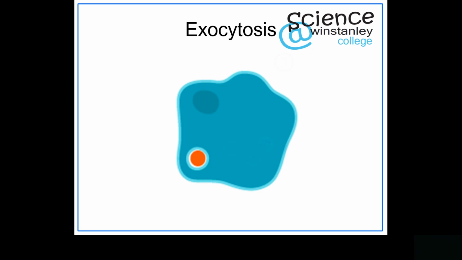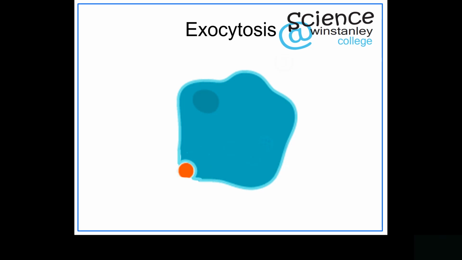And when it's packaged up into a vesicle, you end up with what I have here, the red blob, which is my enzymes, surrounded by a very pale blue vesicle. So what is going to happen is the vesicle is going to begin to move towards the plasma membrane or the cell surface membrane.